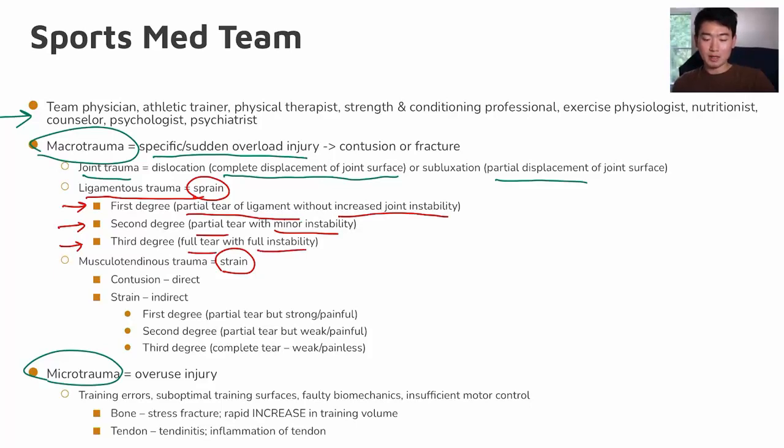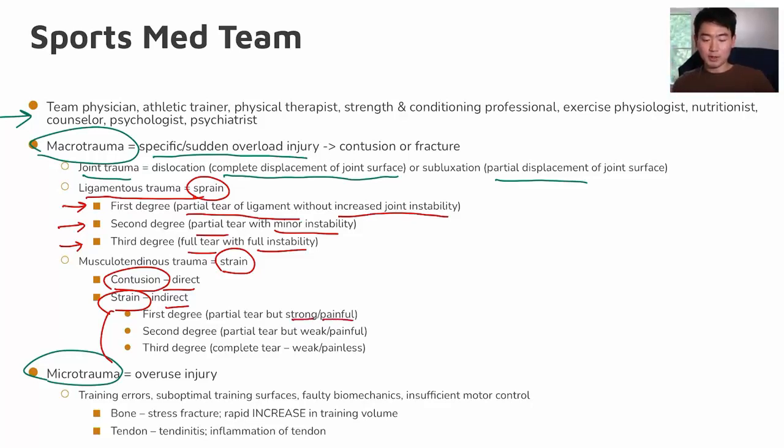Looking at muscle strain, there's direct strains, we call that a contusion, and then there's indirect strains, and we just call that strains. So there's 3 degrees here as well. The first degree is partial tear, but you can still activate that muscle, it's still strong, and there's a little bit of pain, right?